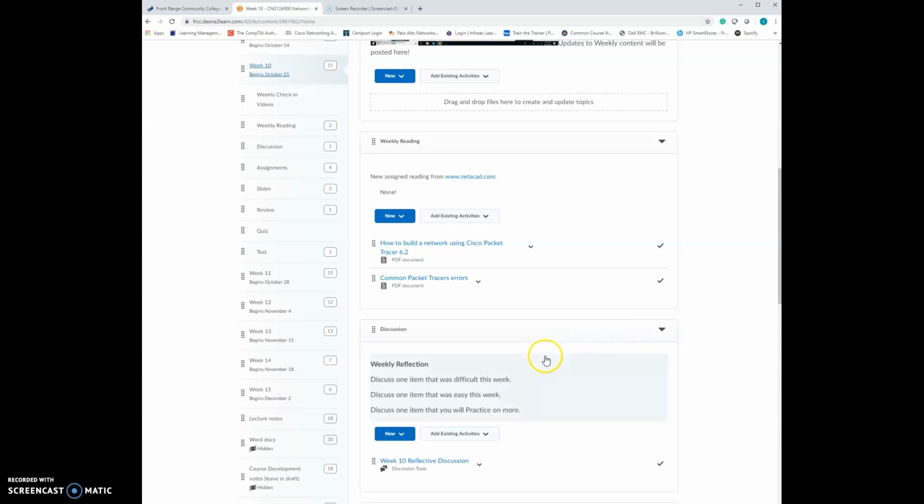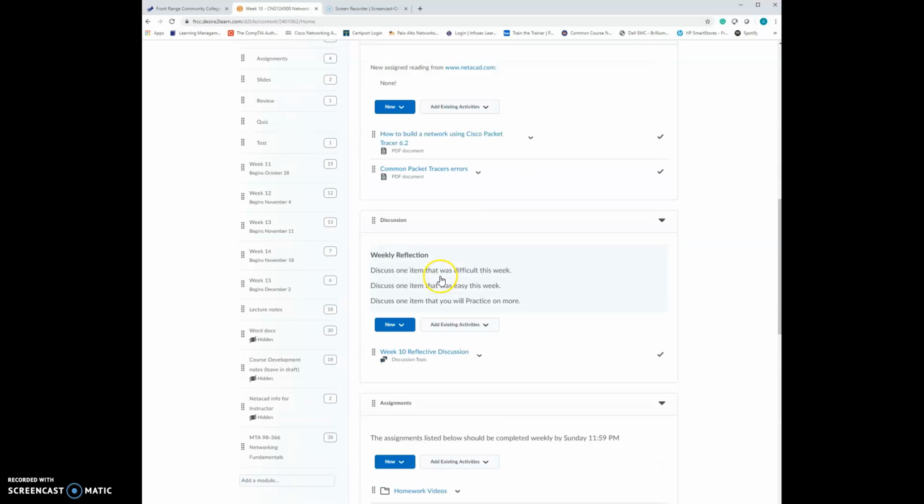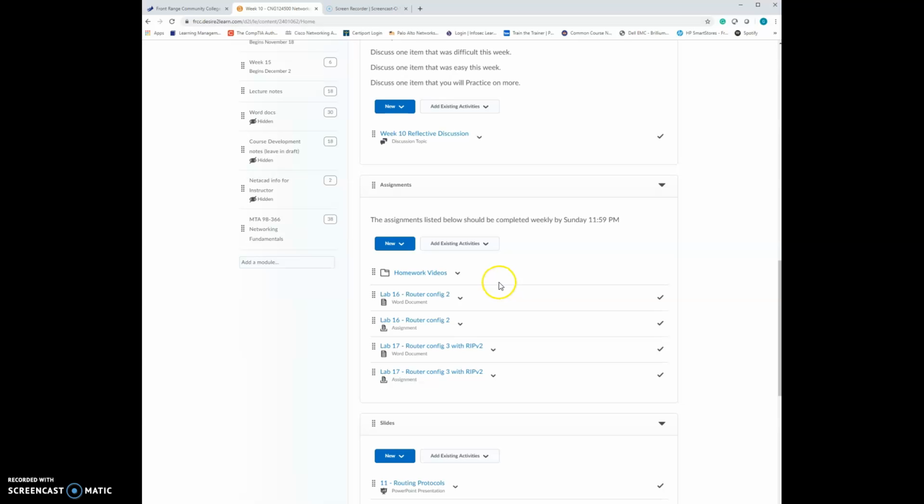Also, this week, when we look at our assignments, we start to do a deeper dive into Cisco Packet Tracer. So make sure you look at the weekly reading materials, because this week we don't have any chapters we do out of the Netacad book. We simply just cover a lab week, basically what it is.